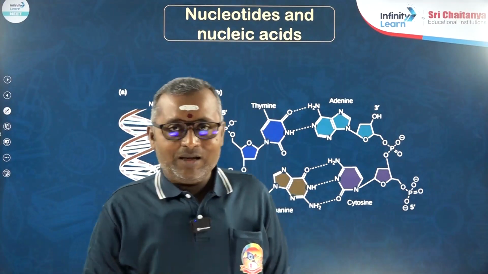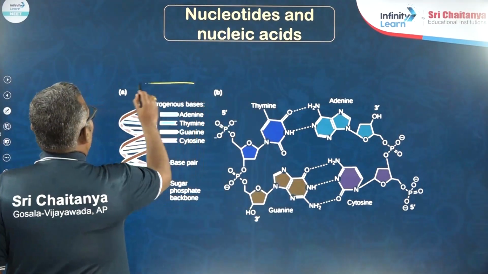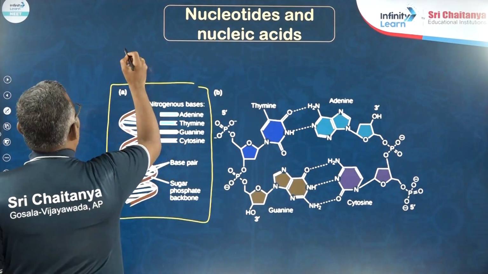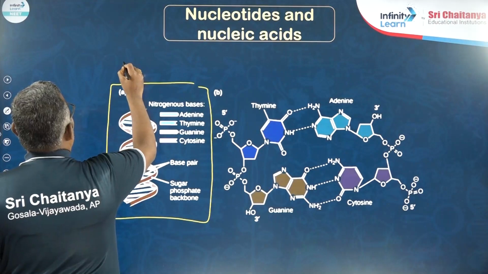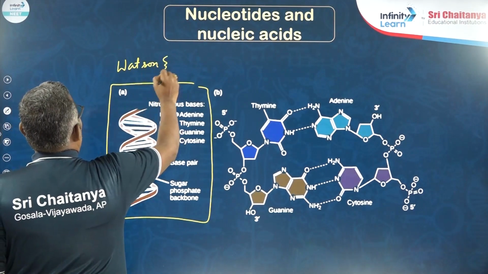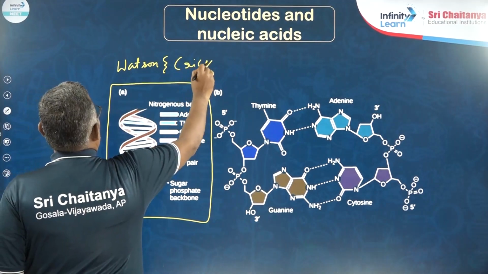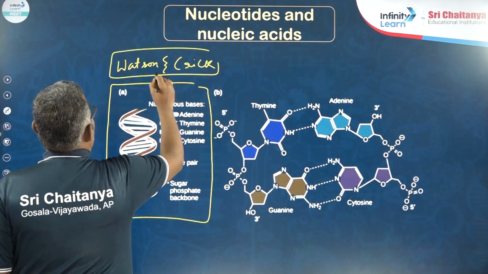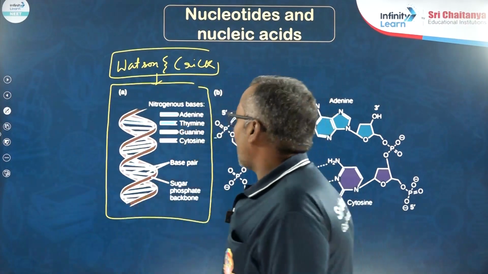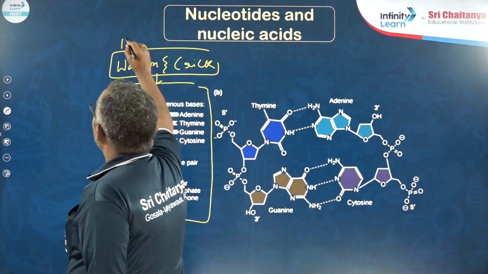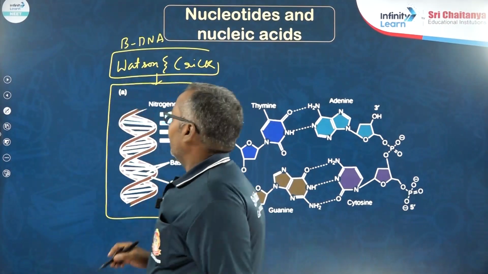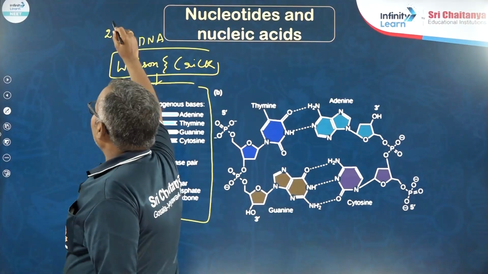If you take DNA, it has a double helical structure. This double helical structure was proposed by Watson and Crick, so it is also called the Watson and Crick model. The model proposed by Watson and Crick is called B type of DNA, and it is one kind of secondary structure.